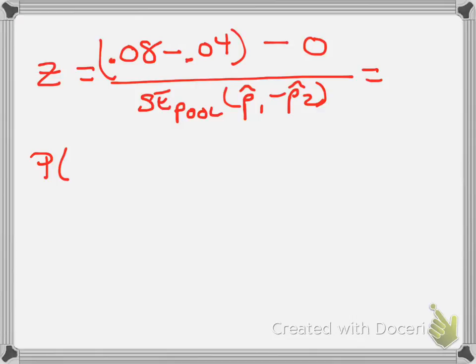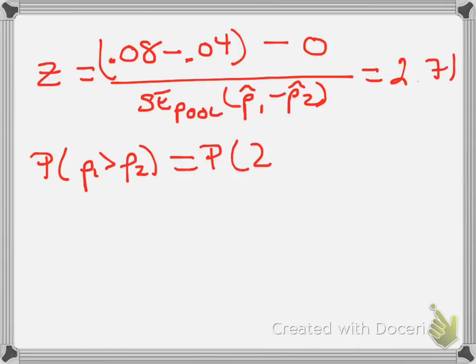So the probability. All right, so I just put this all into the calculator, and I got a z-score of 2.71. So the probability that P1 is greater than P2 is equal to the probability that z is greater than 2.71, which is equal to 0.0033. That's my p-value.